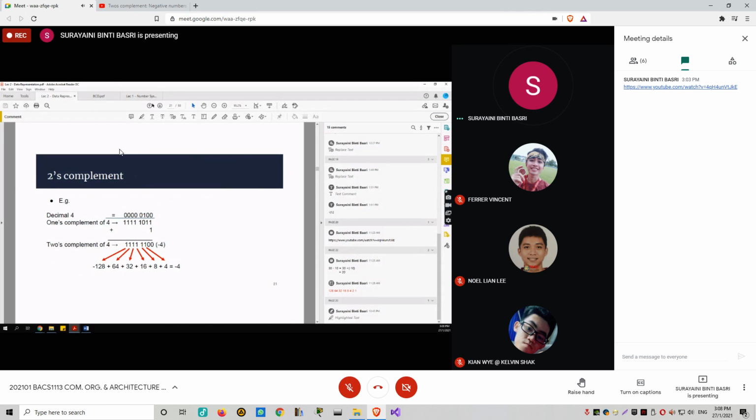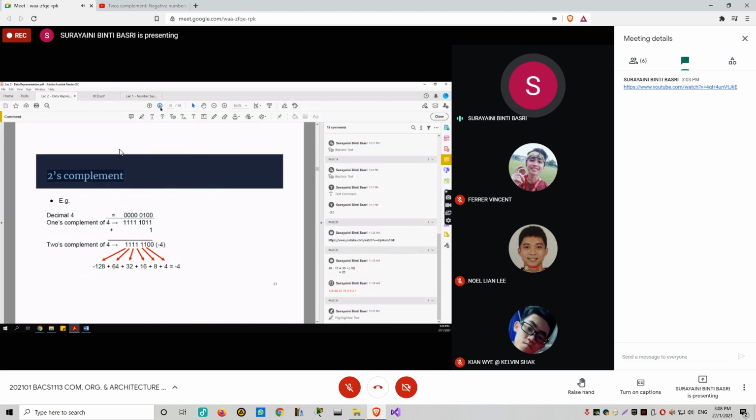Okay, can this one be understood? Okay. So later, when you have the tutorial questions, this is the step of how you can calculate the negative number using the 2 complement method.